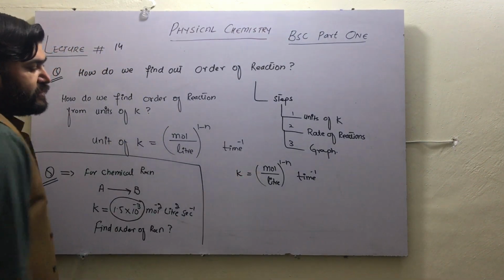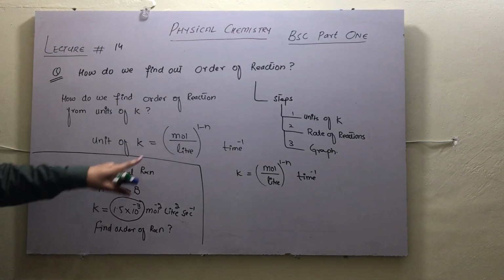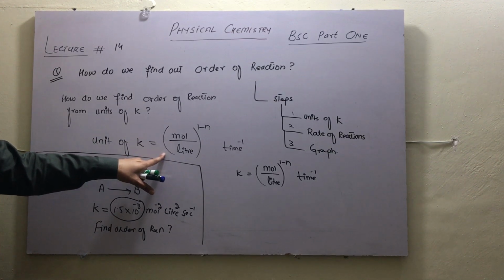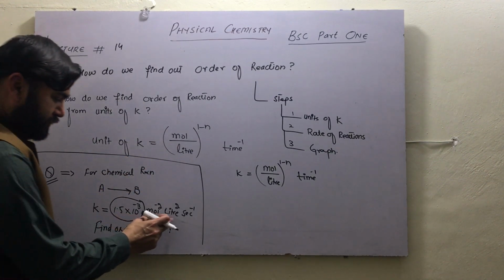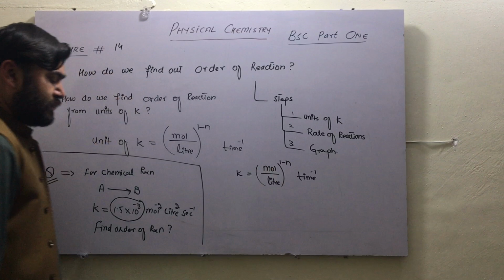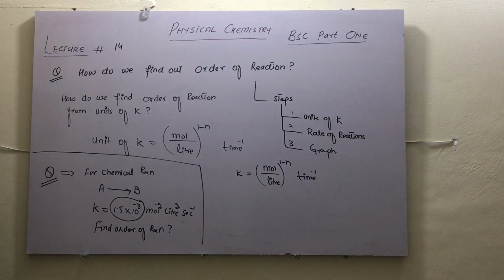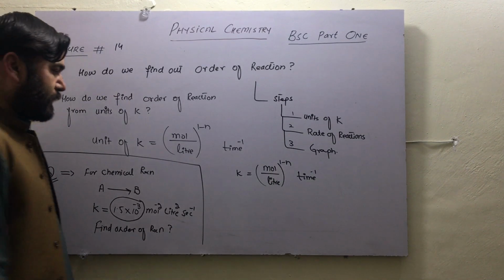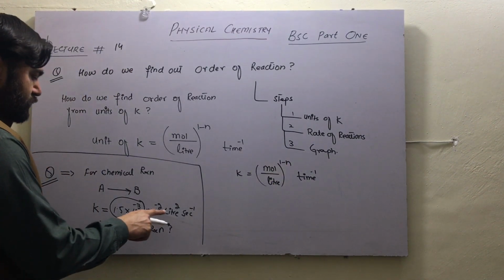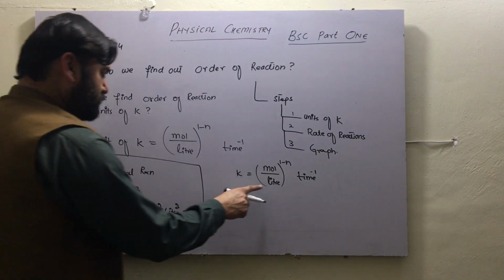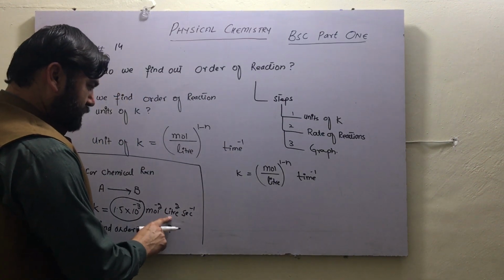This is the formula as I have written over here. Now we will put the unit over here and it will give you the answer. As we know, if I put this in place of n, because this is minus 2, how can we write it?